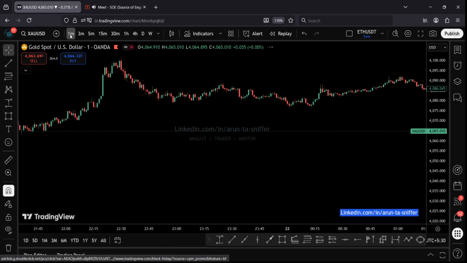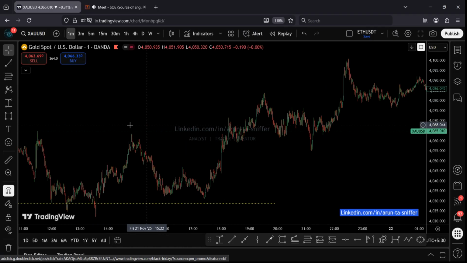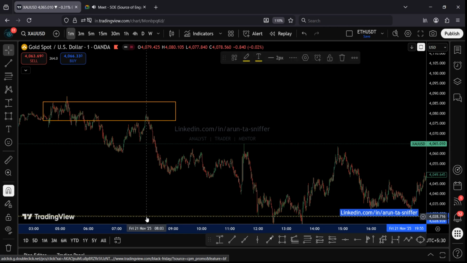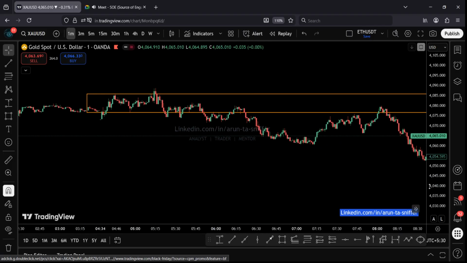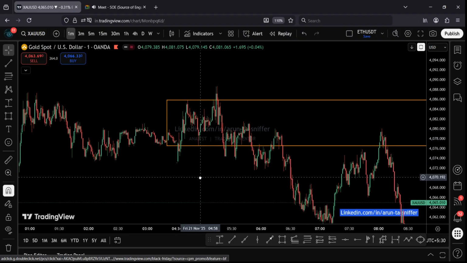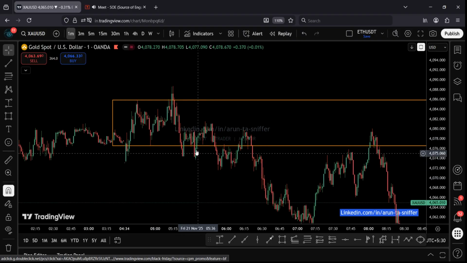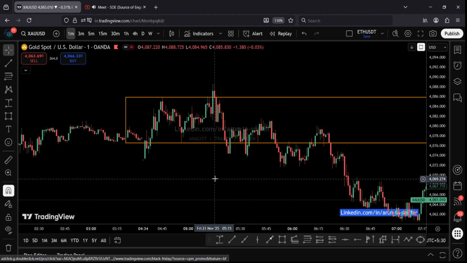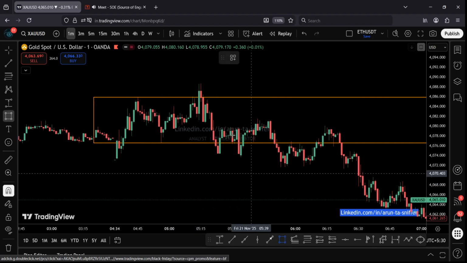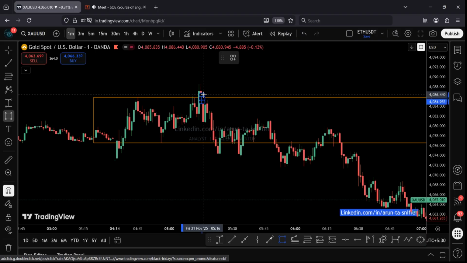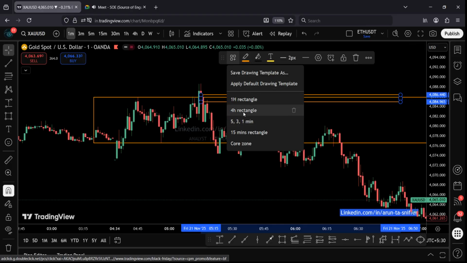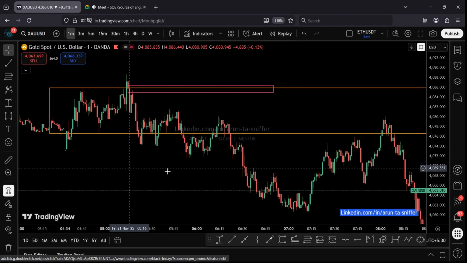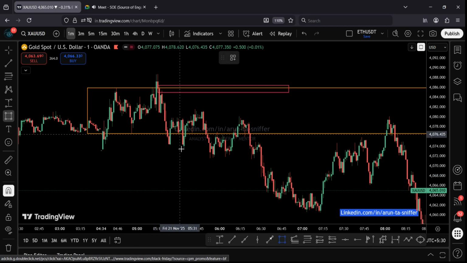If we go to the 1 minute time frame, we will find our LSK here. LS king is here. This one is our LS king. And this one is our RS king.